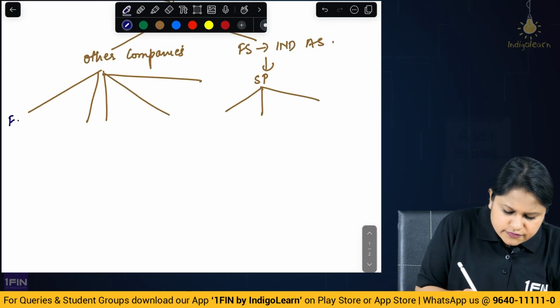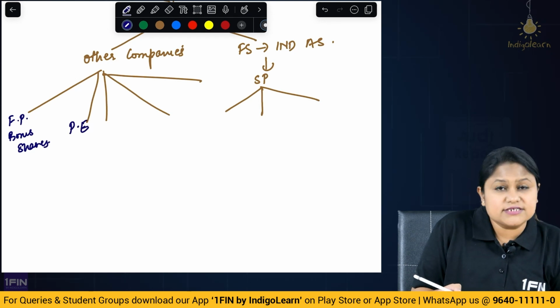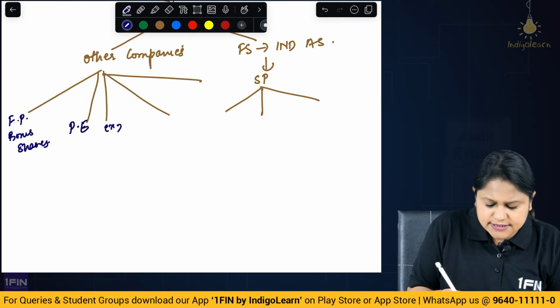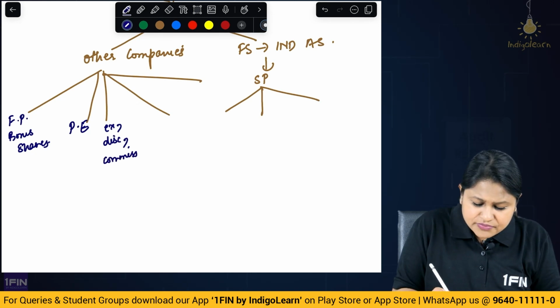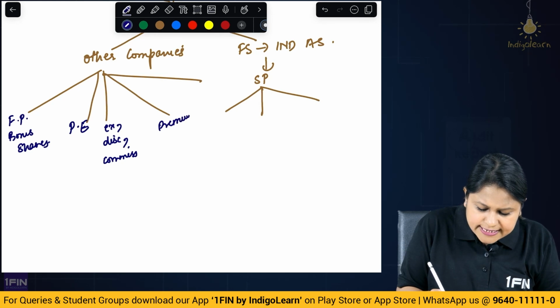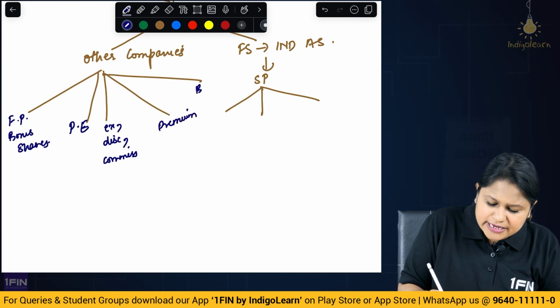First, fully paid-up bonus shares, then writing off preliminary expenses, then writing off the expense, discount and commission on the issue of shares or debentures, then premium payable on the redemption of preference shares or debentures, and finally we have buyback. Correct? They are the 5 things.